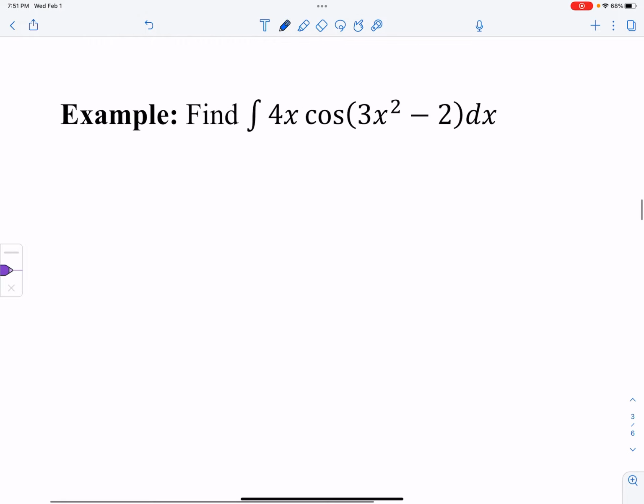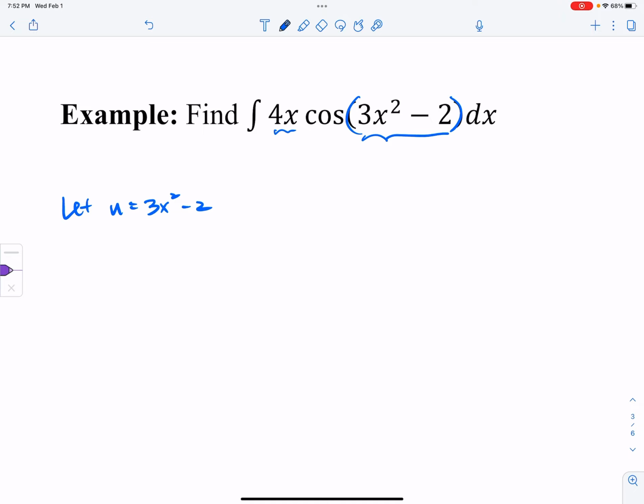So integrating, there's a trig function in there. Let's let u equal to 3x squared minus 2. And usually the inside of the composite function is pretty obvious. But also you're thinking, well, will the derivative be left, like 4x, the derivative of x squared is x.